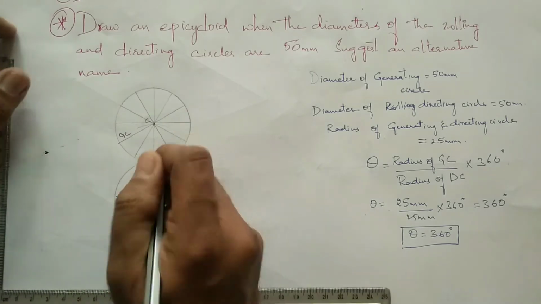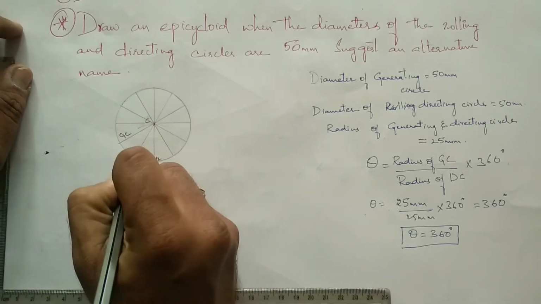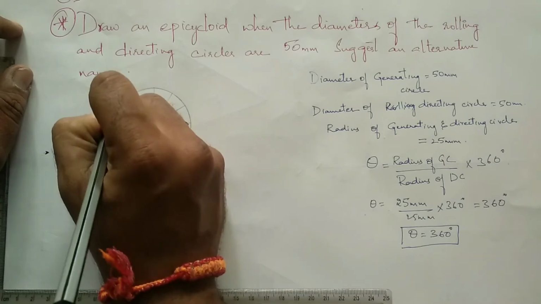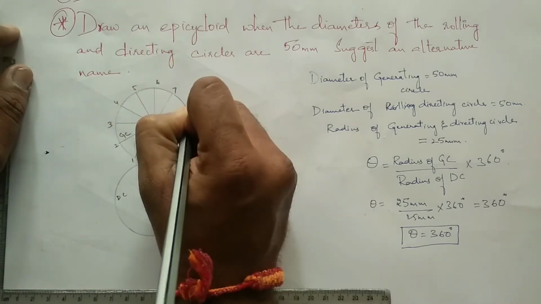At the point P, mark the point as 12, and give the markings 1, 2, 3, 4, 5, 6 as we discussed earlier.